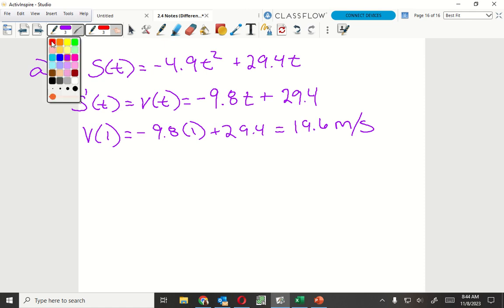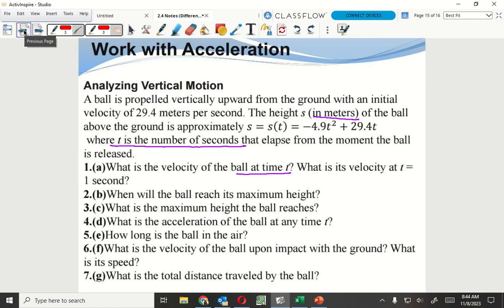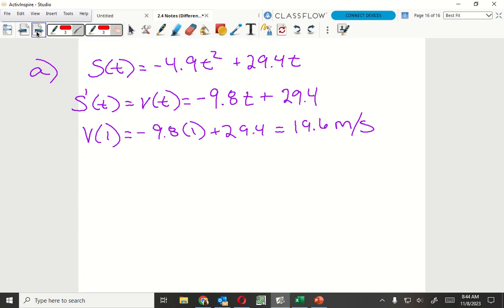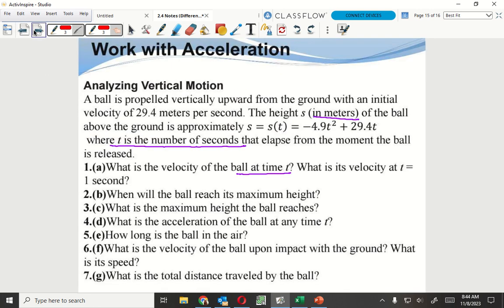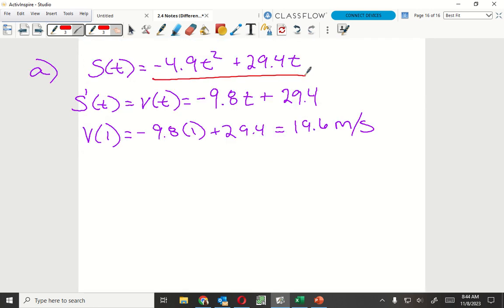Next one, let's take a look. This one's 2 or B. When will the ball reach its maximum height? What shape is this going to be? Parabola. It's a parabola, isn't it?